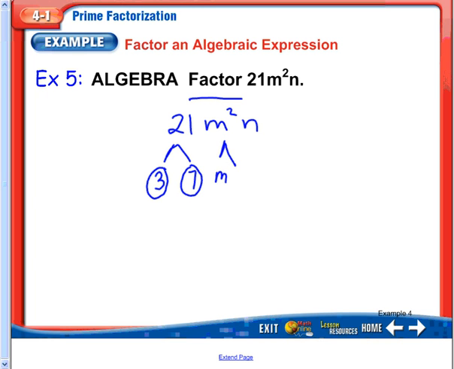So m squared is made of m times m. And n, there's only 1. Since there's no number up here for an exponent, I assume it's 1. So it's simply n. So 21 m squared n can be factored by writing 3 times 7 times m times m times n.